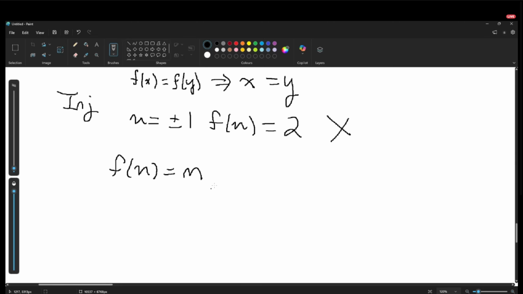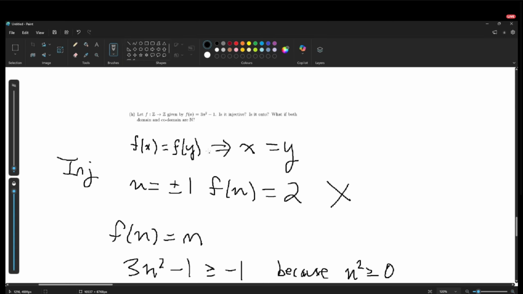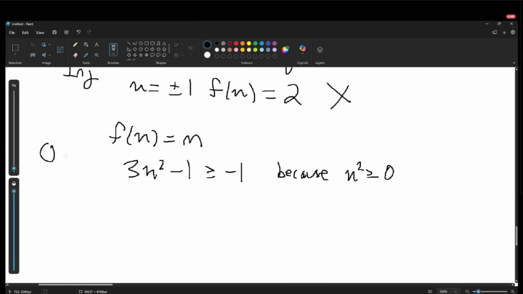Well, no, because we know that 3n squared minus 1 is always more than or equal to -1, because n squared is always more than or equal to 0. So therefore, you can't even cover -2 here, and we have to cover -2 in order to be considered surjective, or onto. So therefore, it's not onto.